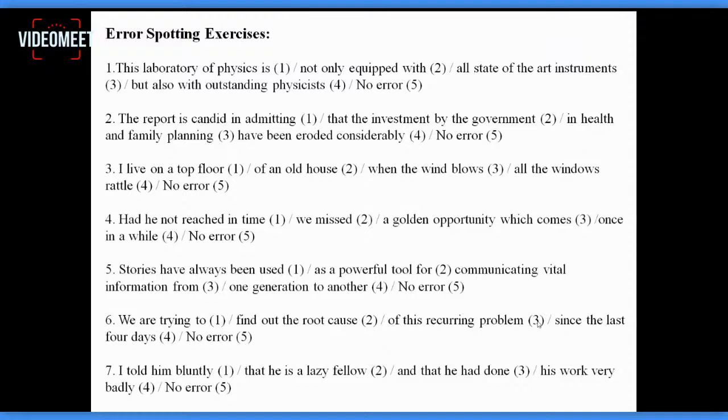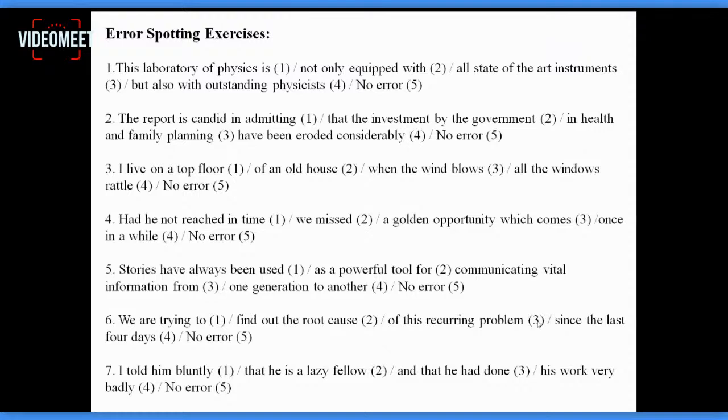Okay, moving on to the seventh question. I told him bluntly that he is a lazy fellow and that he had done his work very badly. What do you think is the problem here? Again, try and understand the concept of tenses in this question.